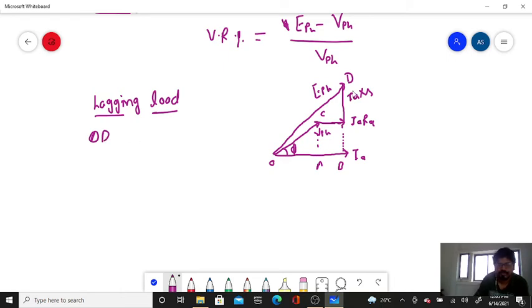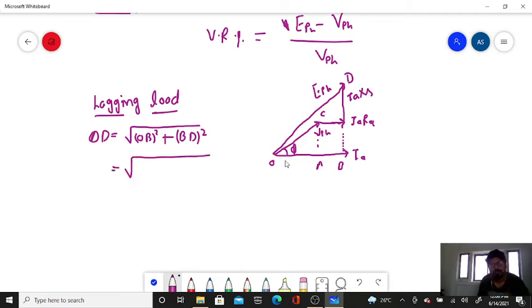With this big triangle, you can say OD is equal to under root OB square plus BD square. Clear? So what is OB square? OB means OA plus AB.